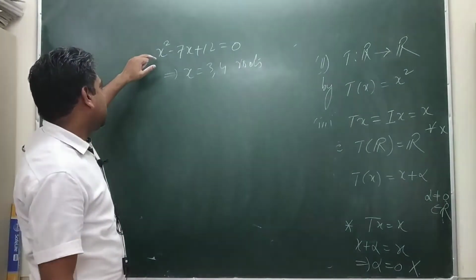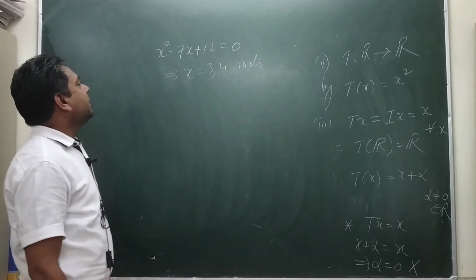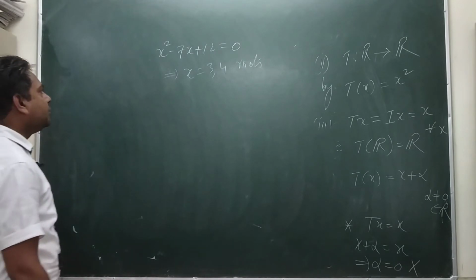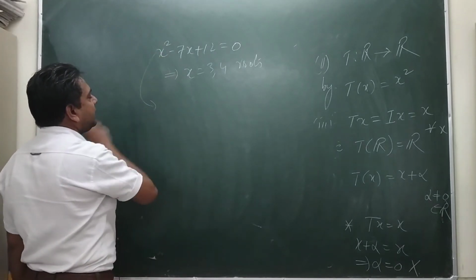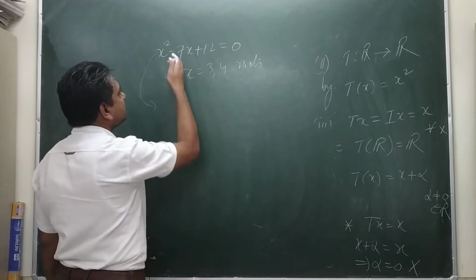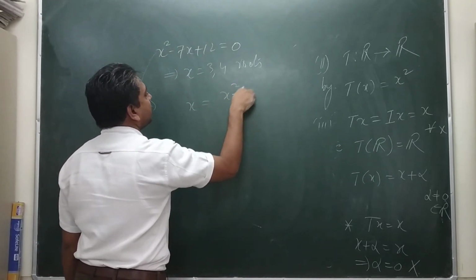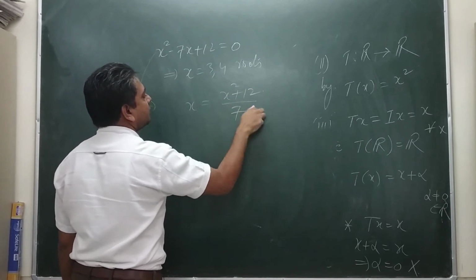But we can formulate this quadratic problem, or non-linear problem, as a fixed point problem. So what we can do, we can write this quadratic equation as: x equals x square plus 12 upon 7.